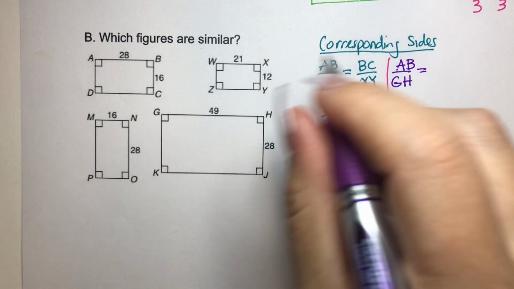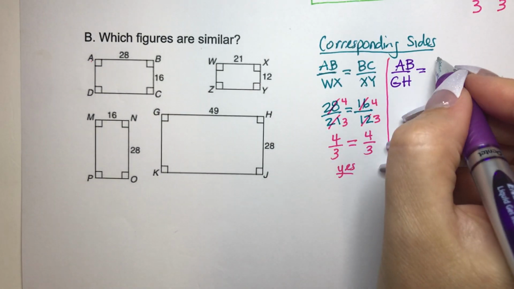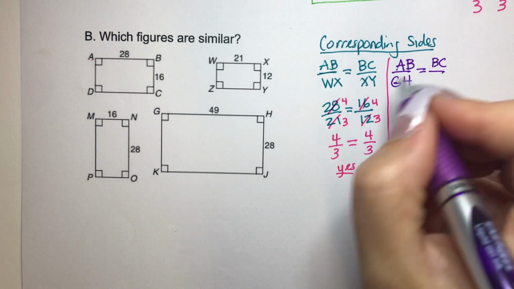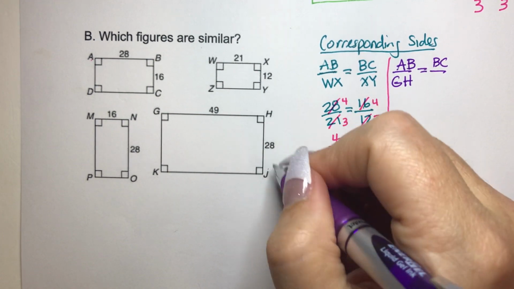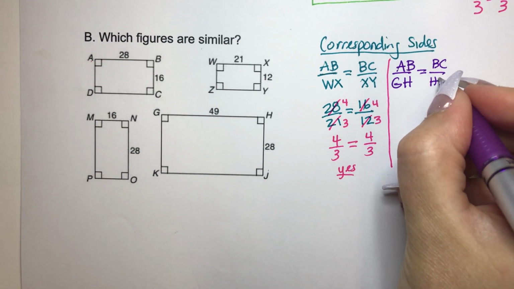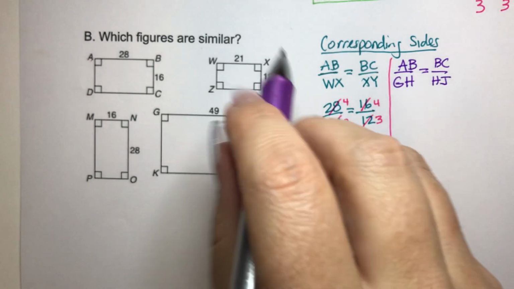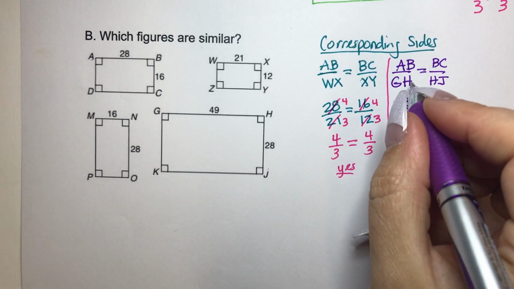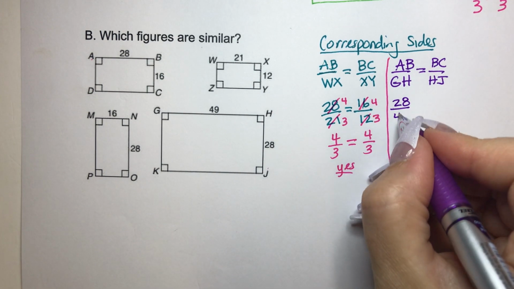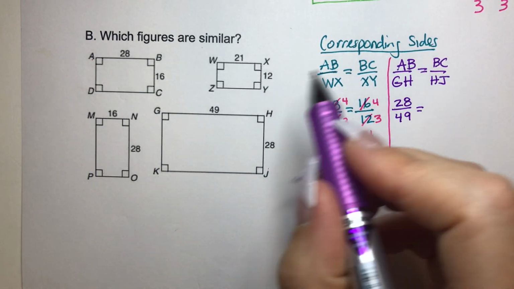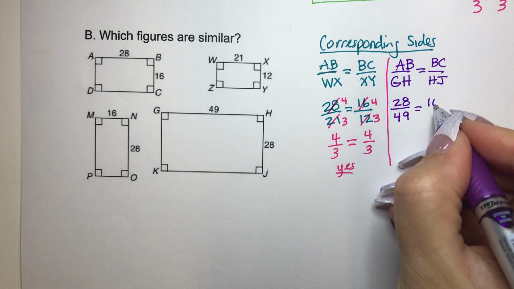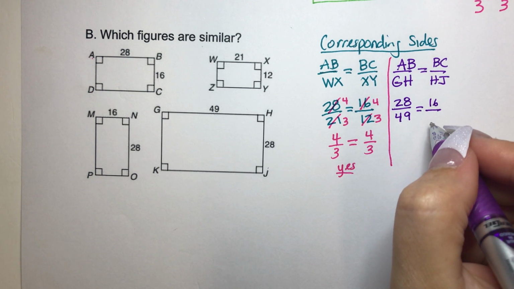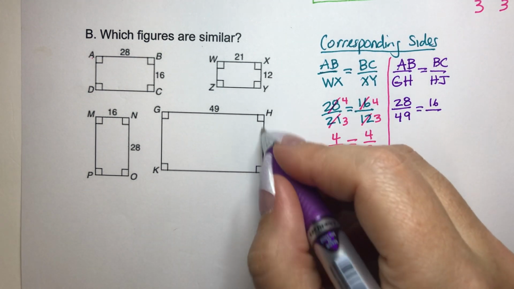And then let's see if that is similar to BC over HJ. Okay, let's substitute in those numbers. AB is 28. GH is 49. And BC is 16. And HJ is 28.